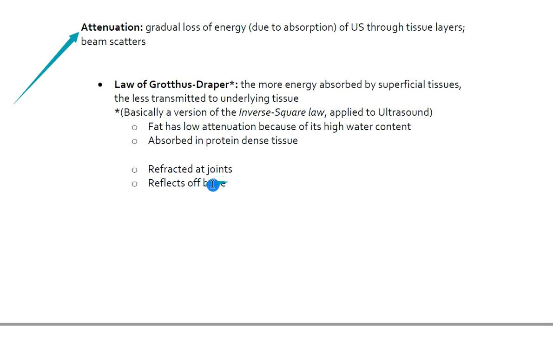Are they bone? So bone would be much more like a very dense metal. So it's going to reflect off of bones, whereas with other tissues, it's going to be absorbed more. Collagen is one that absorbs it, and there's some other listings here of what absorbs versus what reflects off bone.